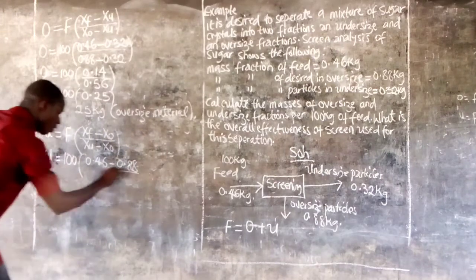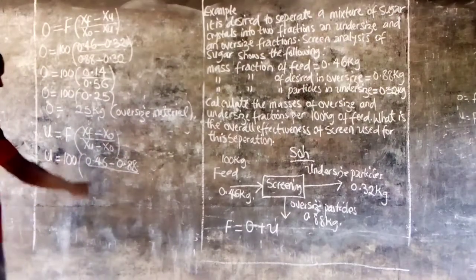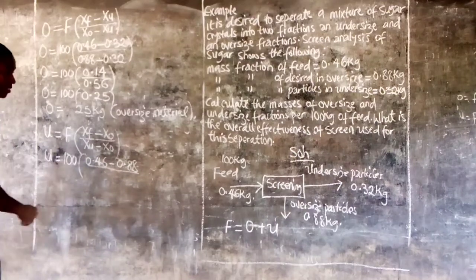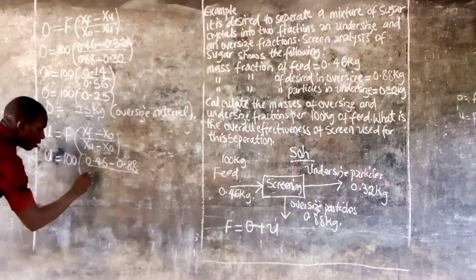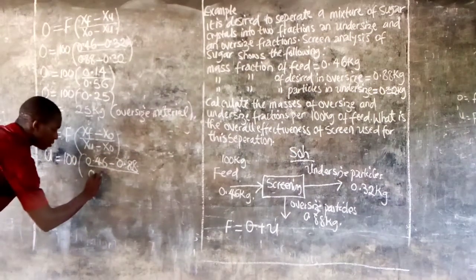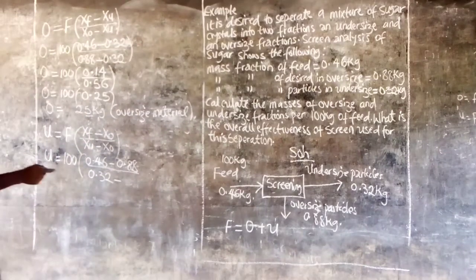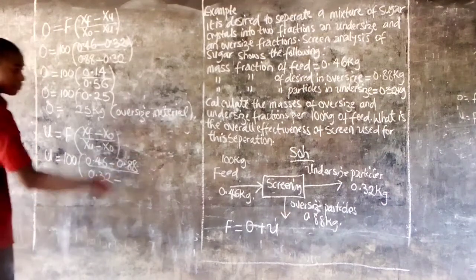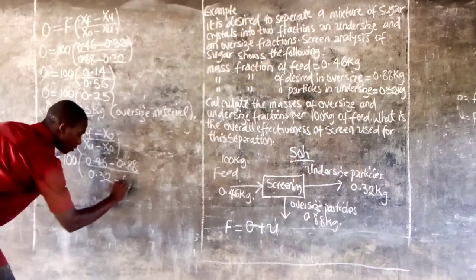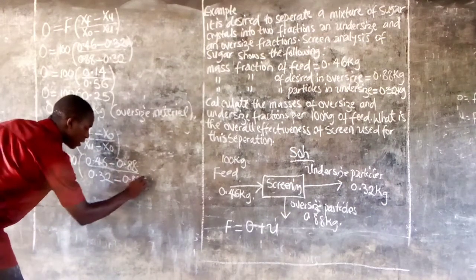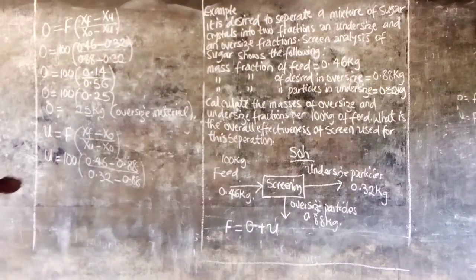Then all over, we now have the mass fraction of the undersized material to be 0.32 minus the mass fraction of oversized material, we had 0.88. Right. So now what next are we going to do?